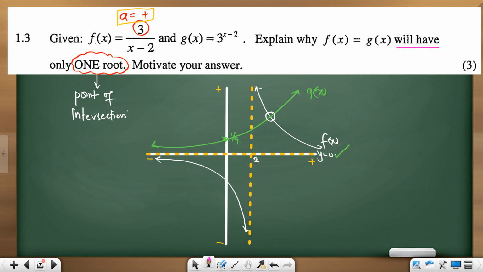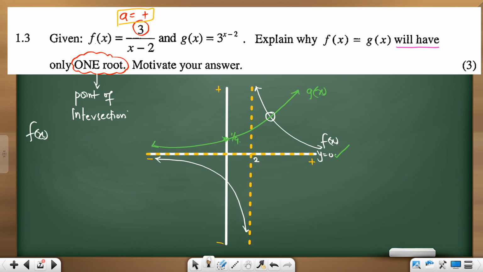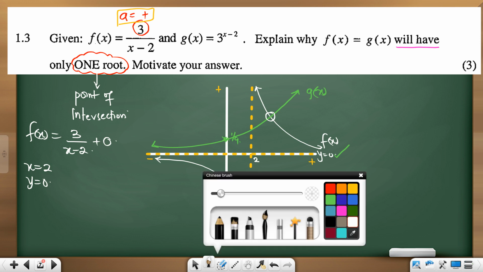We need our asymptotes. X equals 2 would be my vertical asymptote, and y equals 0 would be the horizontal asymptote. All we needed to do was just sketch that graph.